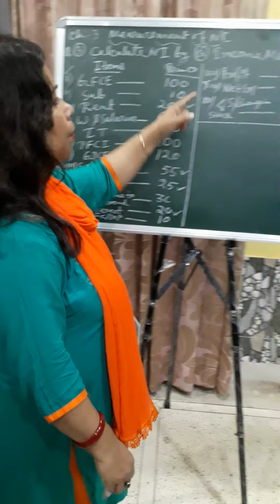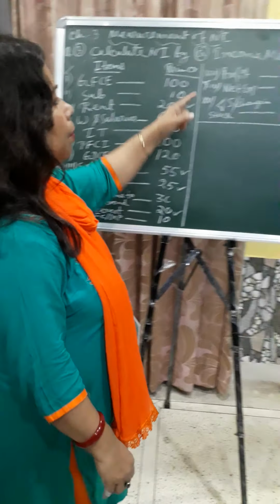Both methods are applied here. So number first, income method. In the income method, first you have to calculate NDP-FC.